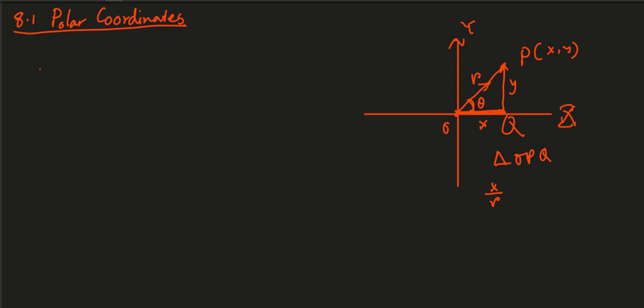So adjacent over hypotenuse is cosine theta. So x equals r cosine theta, and y over r equals sine theta, the opposite over the hypotenuse. So y equals r sine theta.